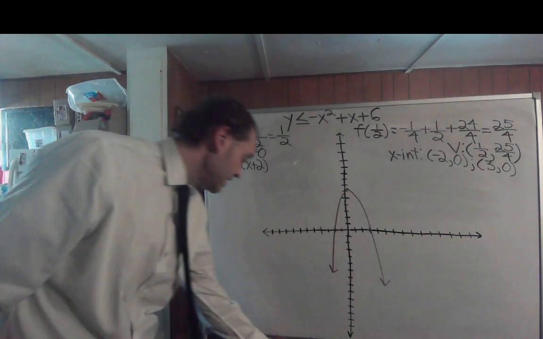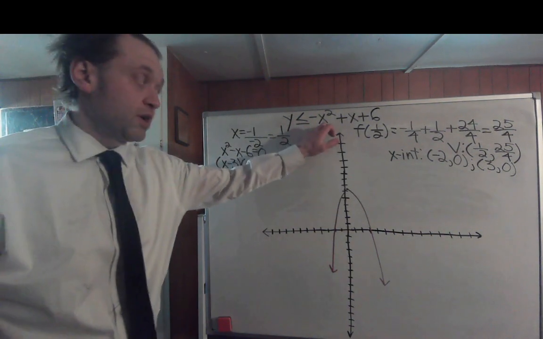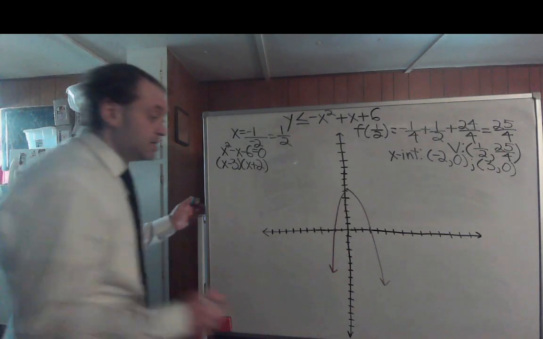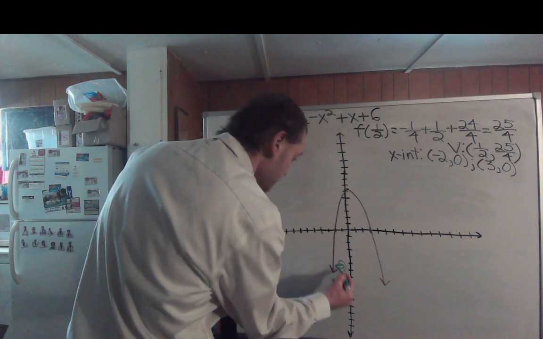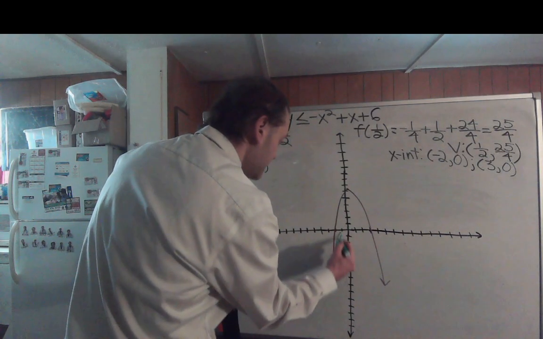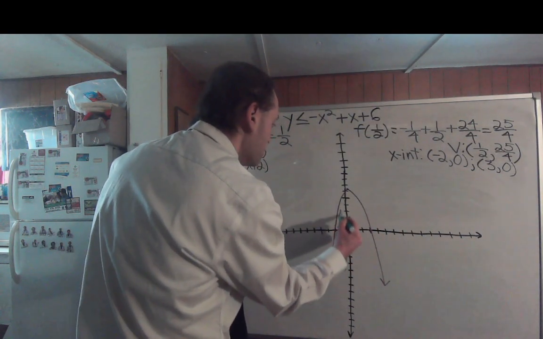Now what we have to answer is y is less than negative x squared plus x plus 6. That means you'll shade everything below the parabola. So this time we don't have as much shading to do. It's just everything below this parabola, so inside the parabola, in other words. That's not going to be nearly as much work as what we've been doing.